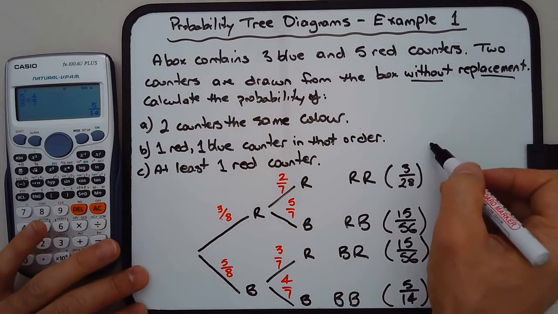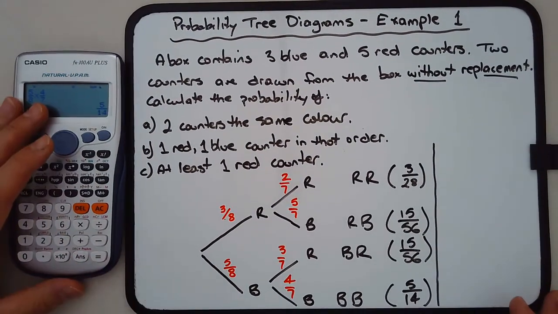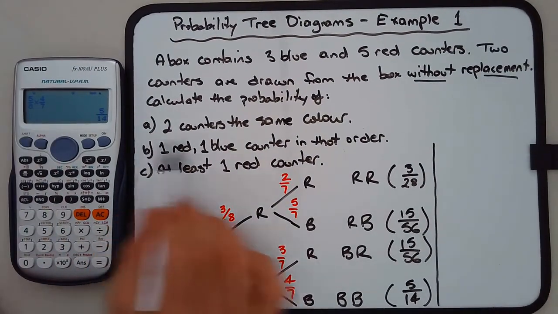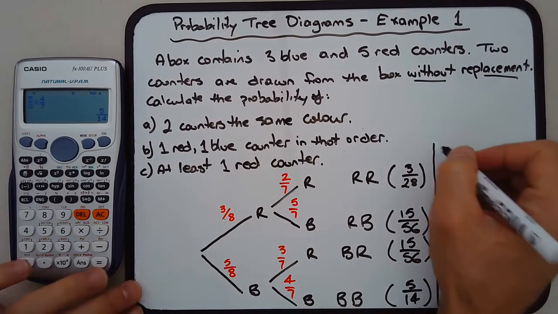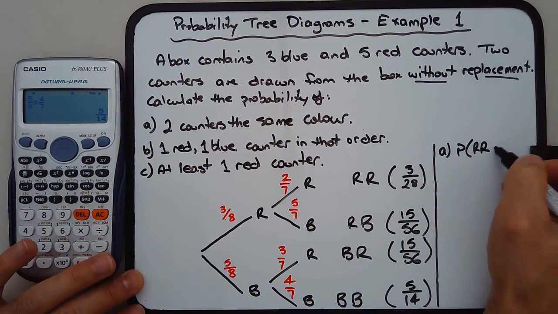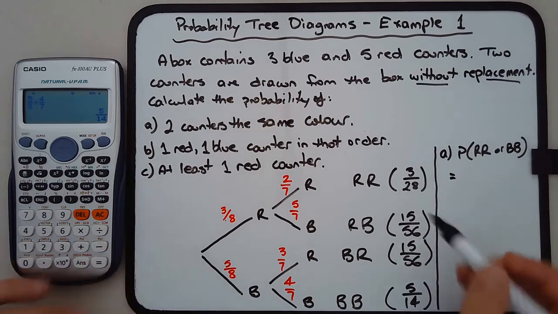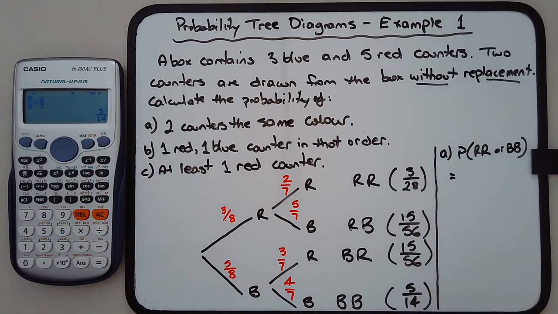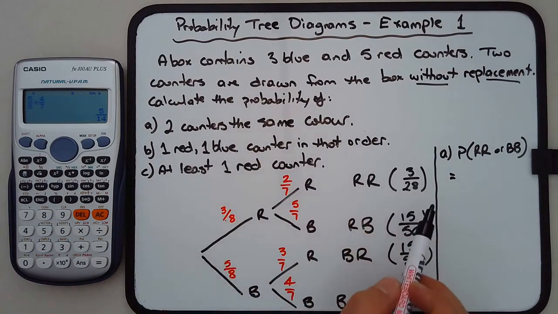So answering part A, two counters the same colour, we've got red, red and blue, blue. You just add the outcomes that are of importance to us for that event. The event of two counters the same colour includes red, red and blue, blue.